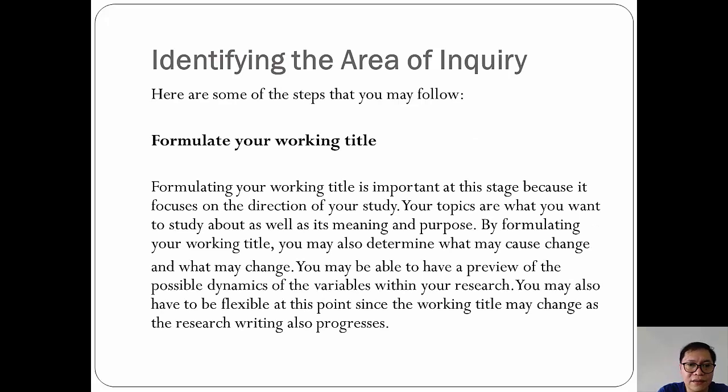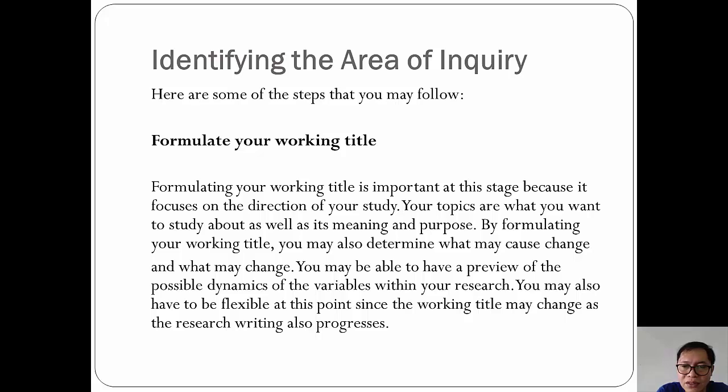Formulate your working title. Formulating your working title is important at this stage because it focuses on the direction of your study. Your topics are what you want to study about as well as its meaning and purpose. By formulating your working title, you may also determine what may cause change and what may change.